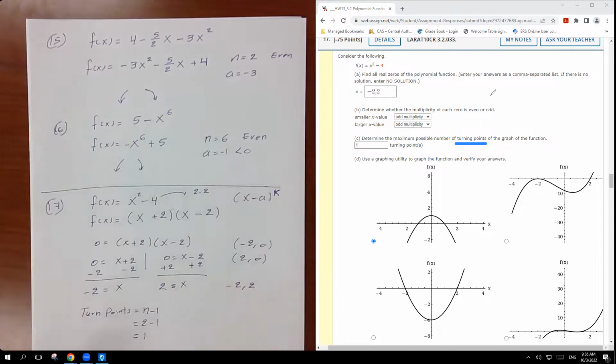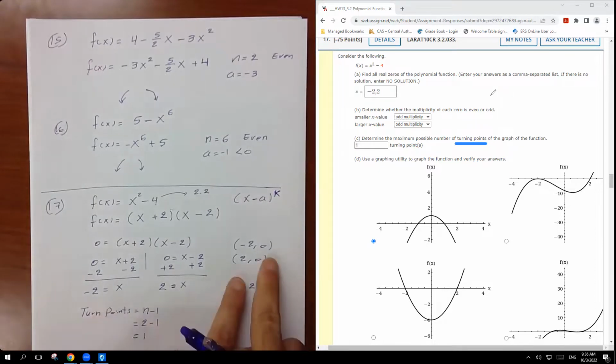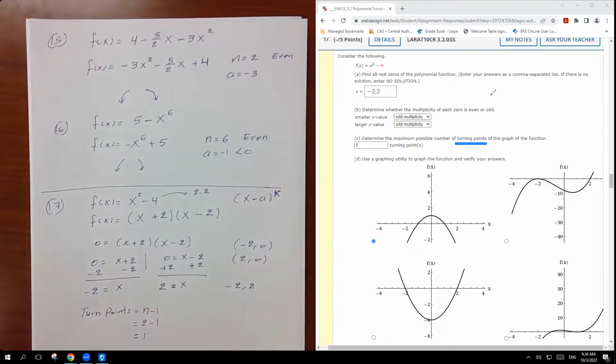The zeros are the same thing as the x-intercepts, because we let y equal 0. That means -2 and 2 are the x-intercepts. So check here. This is not -2, this is not 2, so this is the wrong one. This is -2 and this is 2, so it could be this one. This is not -2, this is not 2, so this is wrong. This is -2 and this is 2, so maybe this one, maybe this one.